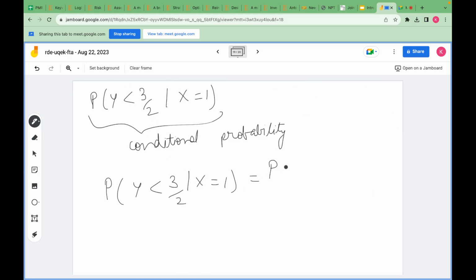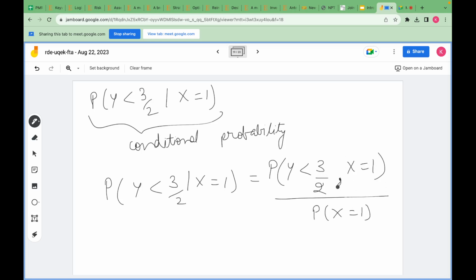So this is nothing but the probability that y is less than 2, given this is the intersection, divided by the probability x equal to 1.